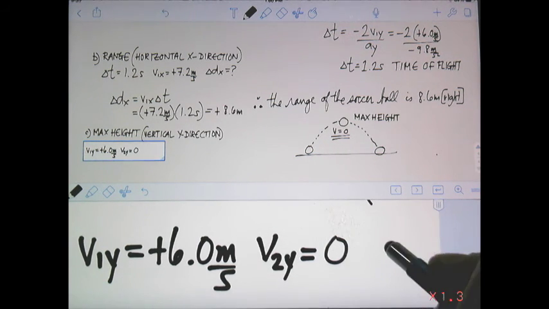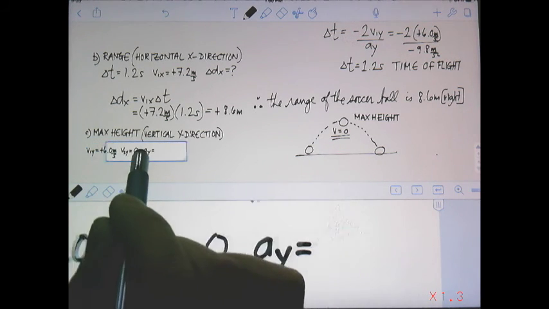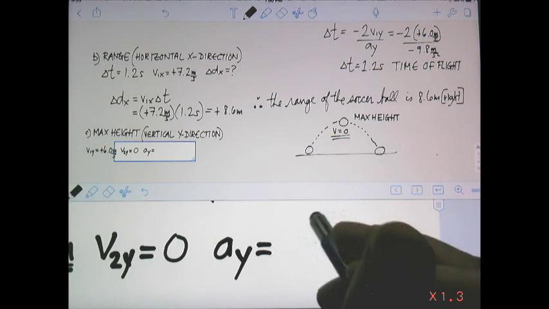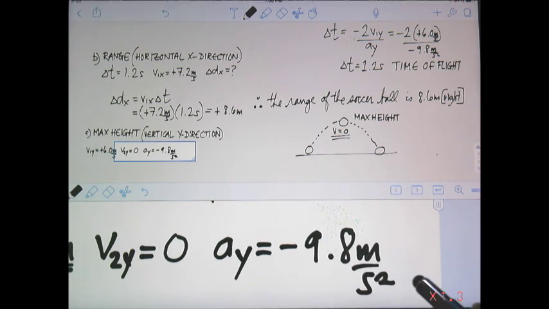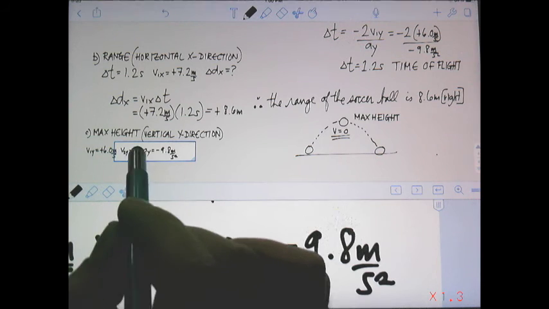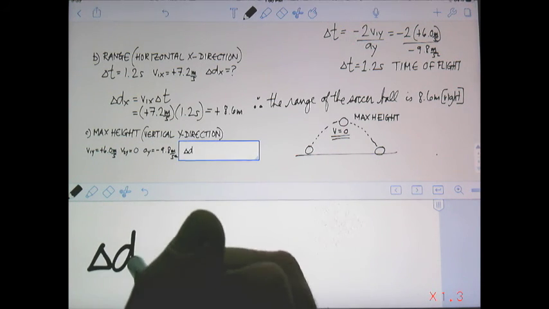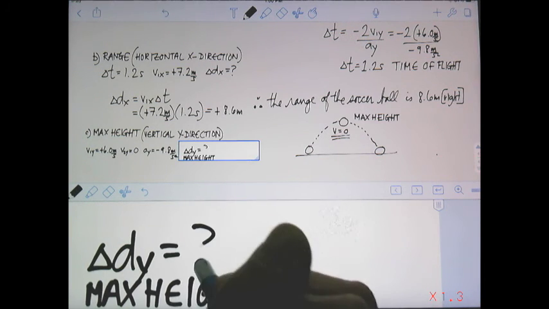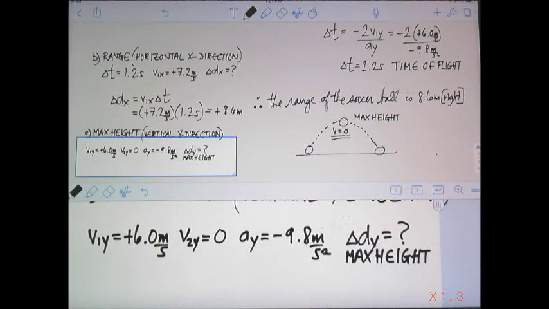The acceleration in the y direction, because it's under the influence of gravity vertically, is negative 9.8 meters per second squared. And we want to find its maximum height, its displacement in the y direction. So we need an equation that uses v1, v2, a, and delta d.